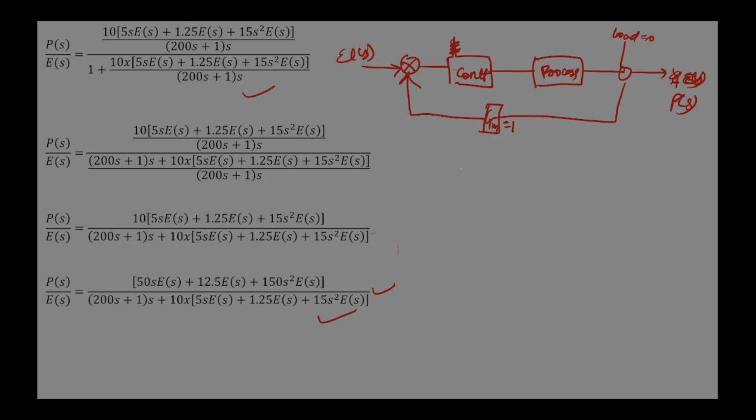So now what will be the equation? PS upon ES is equal to the transfer function of the controller Gc times Gp upon 1 plus Gc Gp Gm. Gc will come from here, Gp is given in the question.